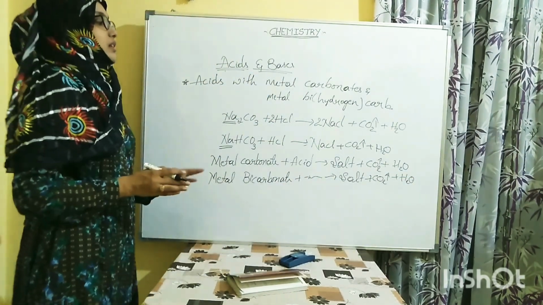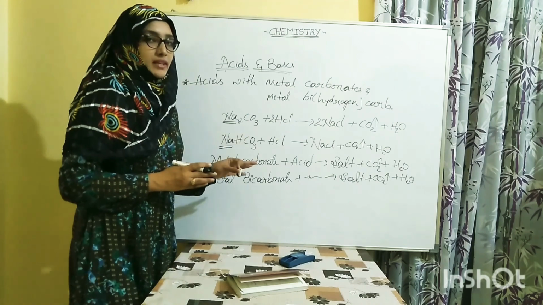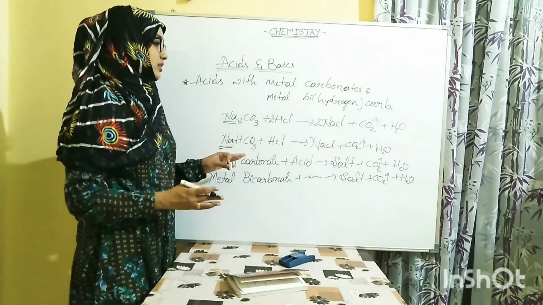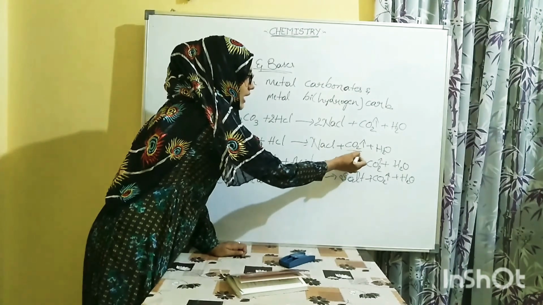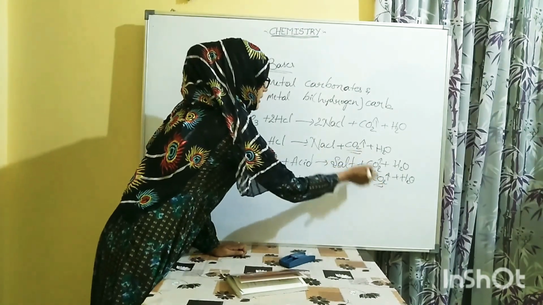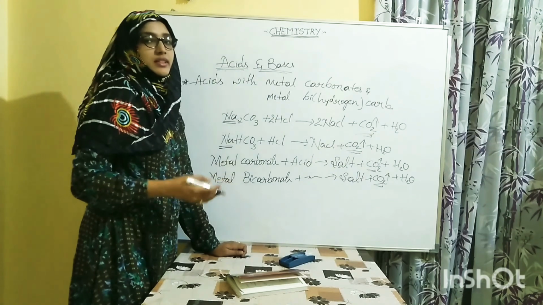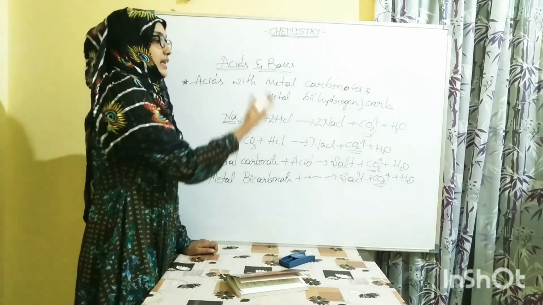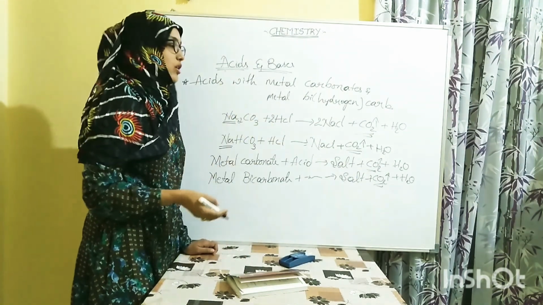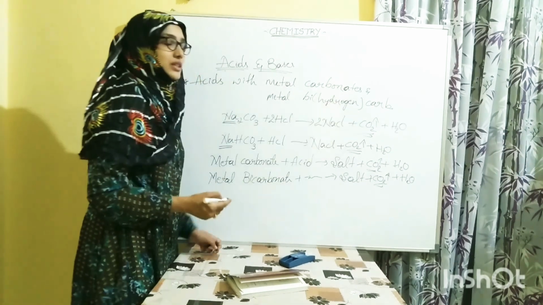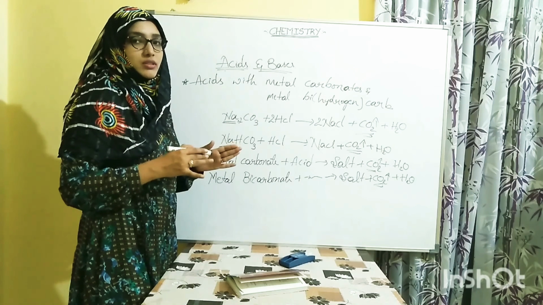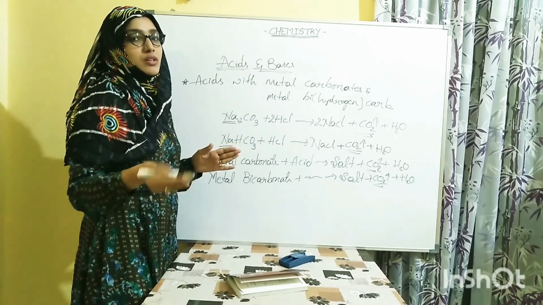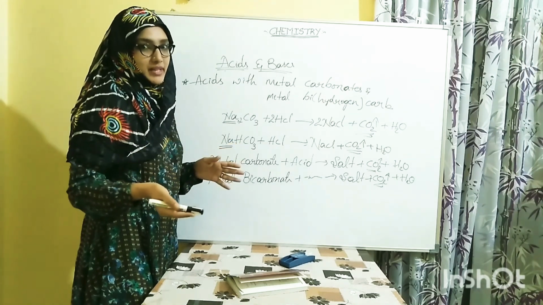I did not explain the complete reaction so that you do not get confused. The carbon dioxide released during this reaction, when it is passed into a test tube containing lime water, will turn the lime water into a milky white precipitate.